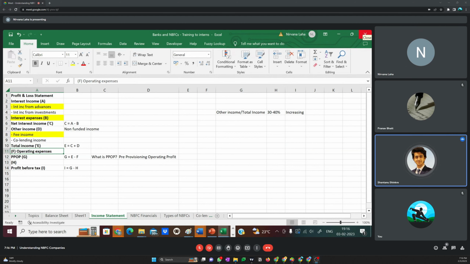Operating expenses are the expenses of running the branches, paying your salaries, your software costs, your tech stack cost, etc. So from total income you remove the operating expenses, you get PPOP.